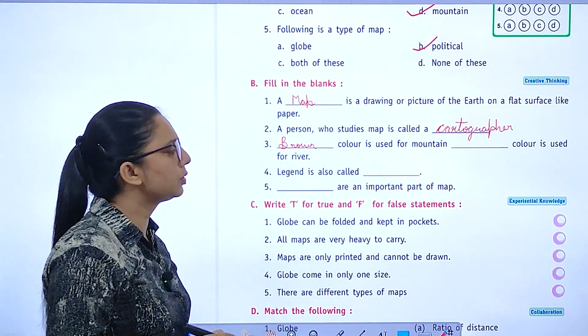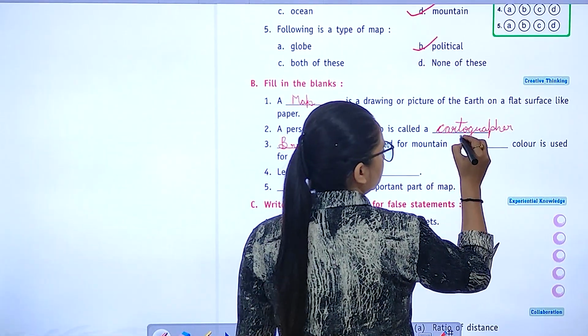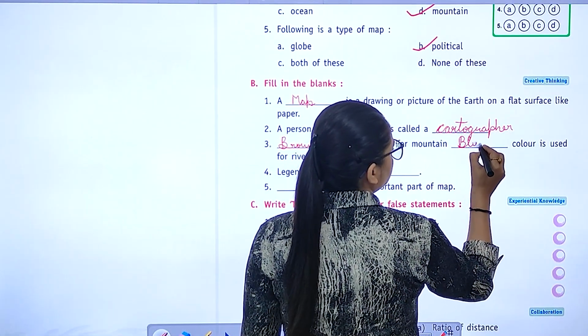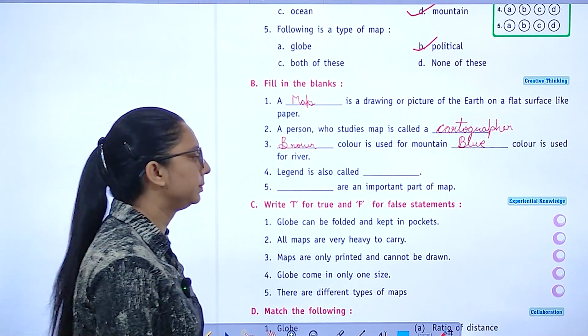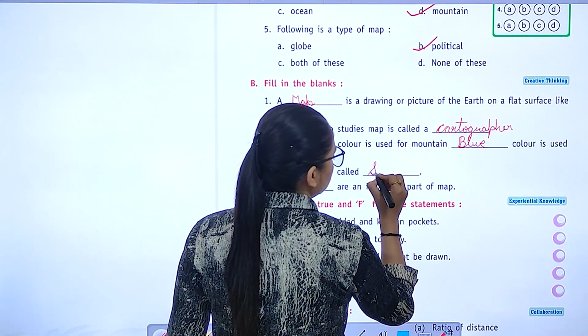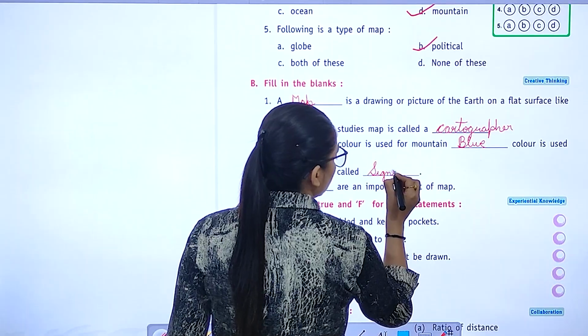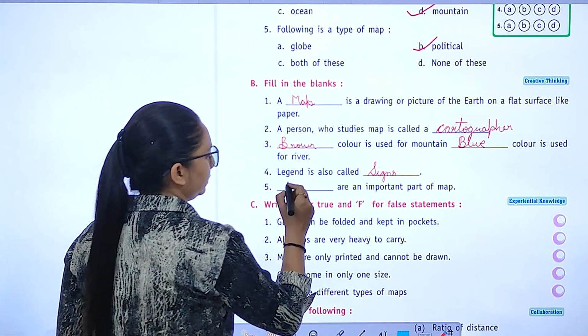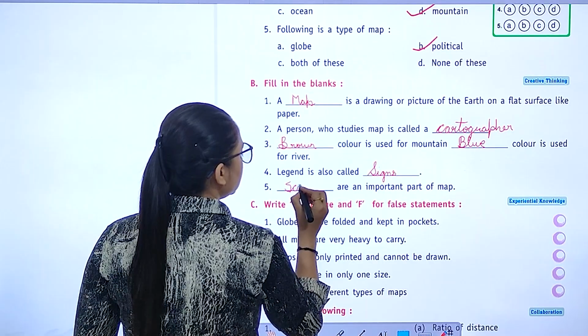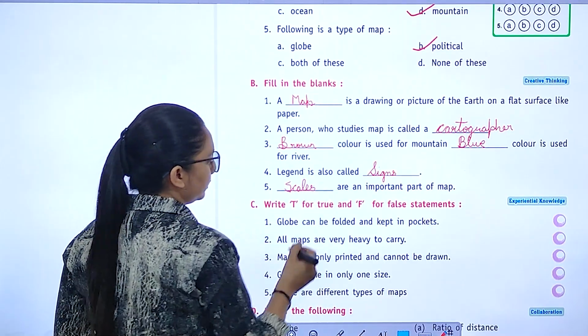And dash color is used for river. कौन सा? Blue. Legends is also called dash. Signs. Dash are the important part of map. Scale. Scales क्या होते हैं? सबसे important part होते हैं.